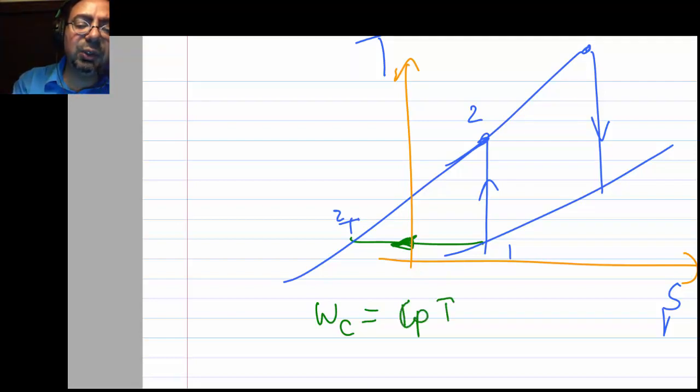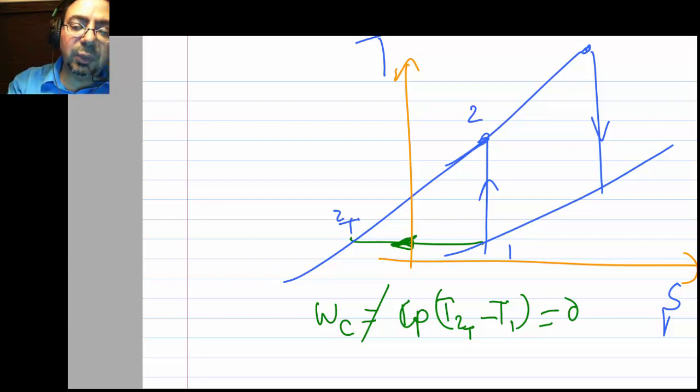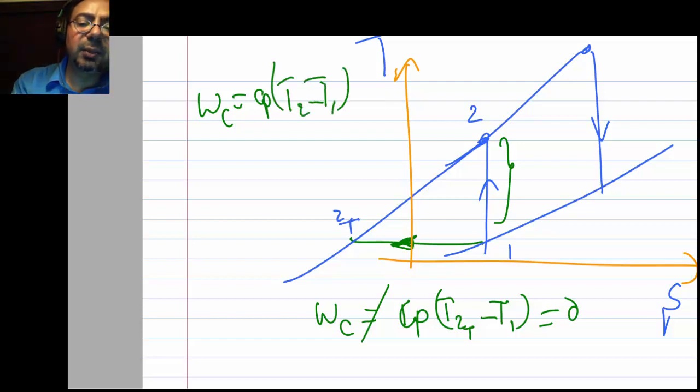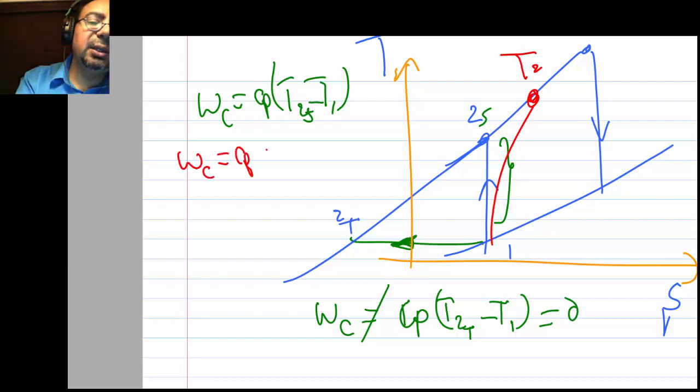Well, it's Cp times T2 isothermal minus T1, which are the same, therefore it's 0. Wrong. I know that we said before that the isentropic compression work was Cp (T2s minus T1), and even if it's like this, and this is 2, that work also was Cp (T2 minus T1).